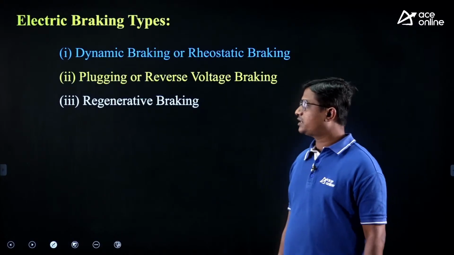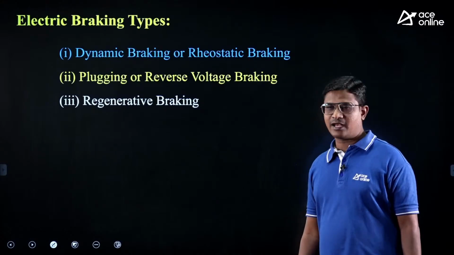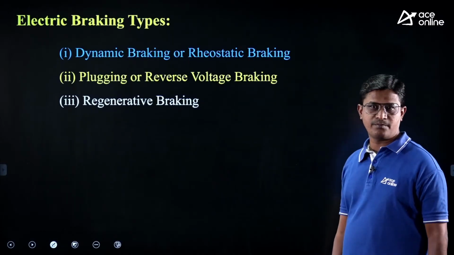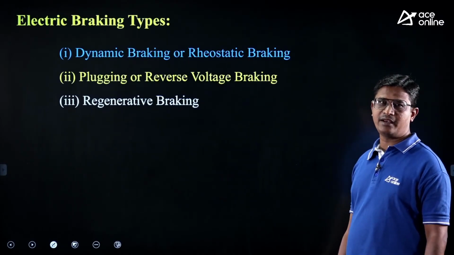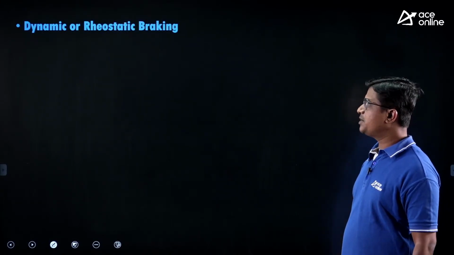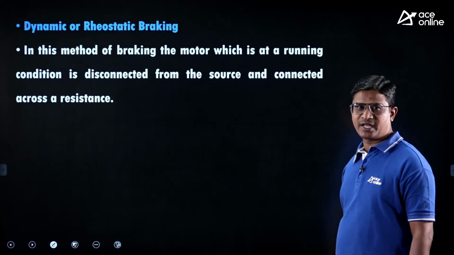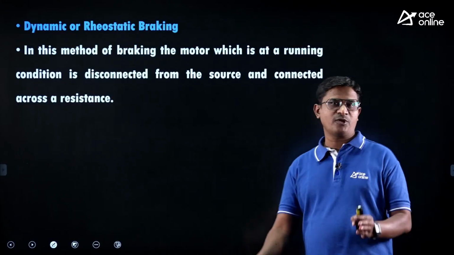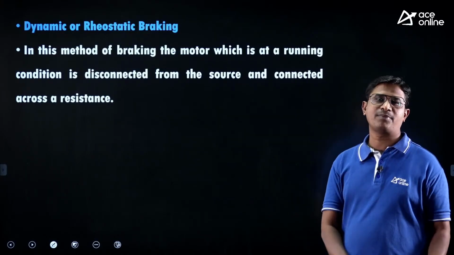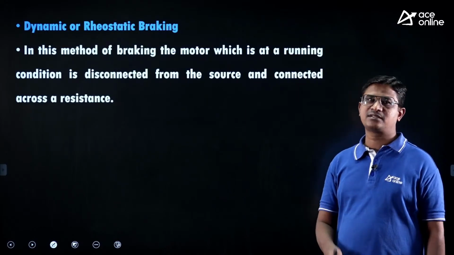Next, the types of electric braking. There are three types: dynamic or rheostatic braking, plugging or reverse voltage braking, and regenerative braking. Let us discuss them one by one. In dynamic or rheostatic braking, first of all, the motor is disconnected from the supply and connected across an external resistor.